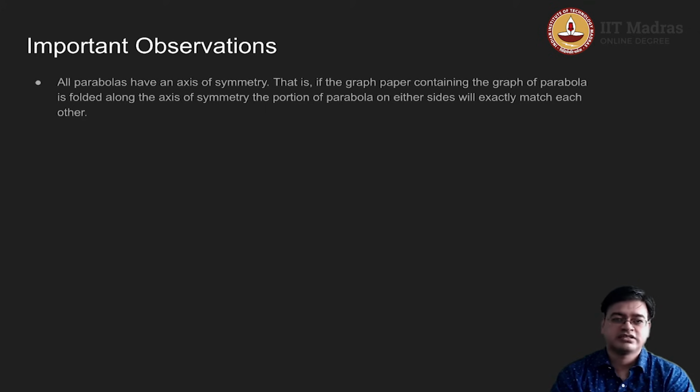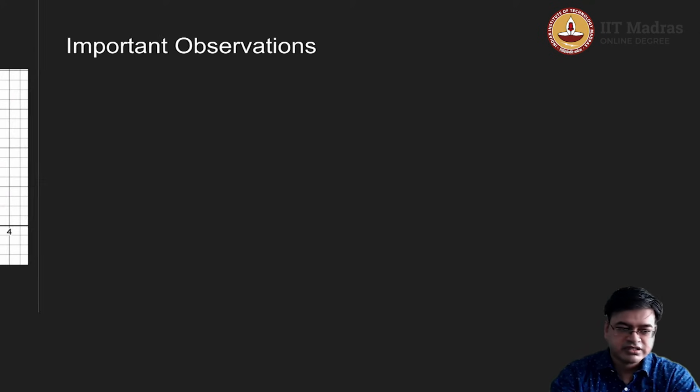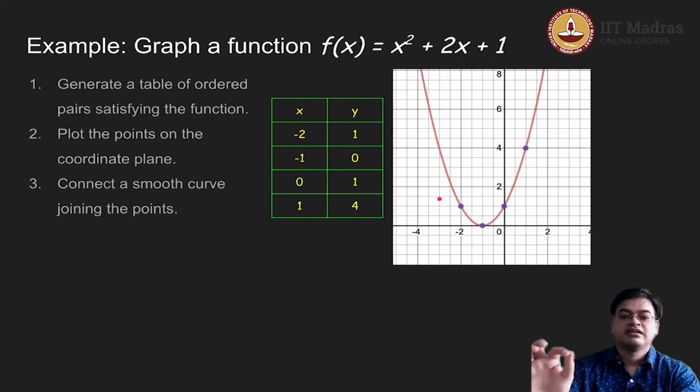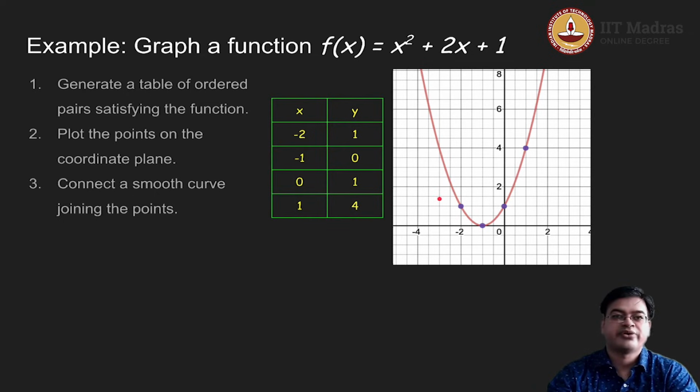What is the axis of symmetry? Let us go to the previous slide and see. The axis of symmetry over here, as I mentioned, was x is equal to minus 1. If I take this graph paper and fold along x is equal to minus 1, then the curves that we have plotted here must exactly match each other. That gives us a recipe to draw a parabola.